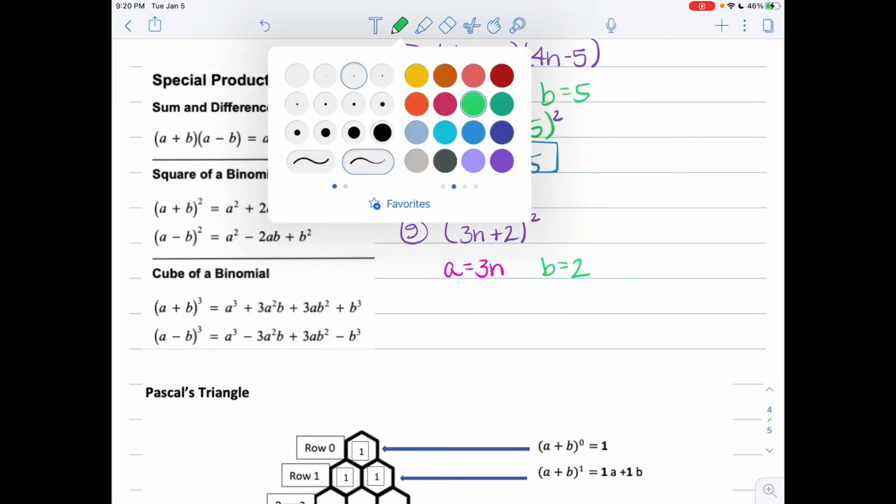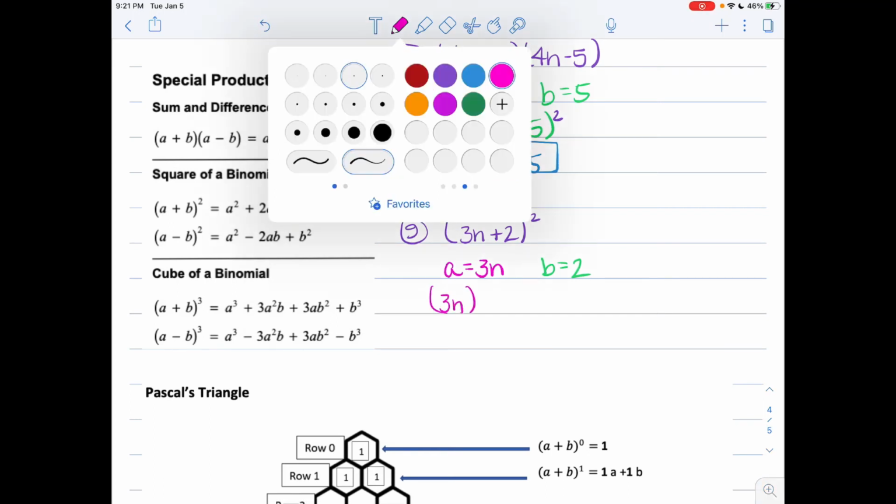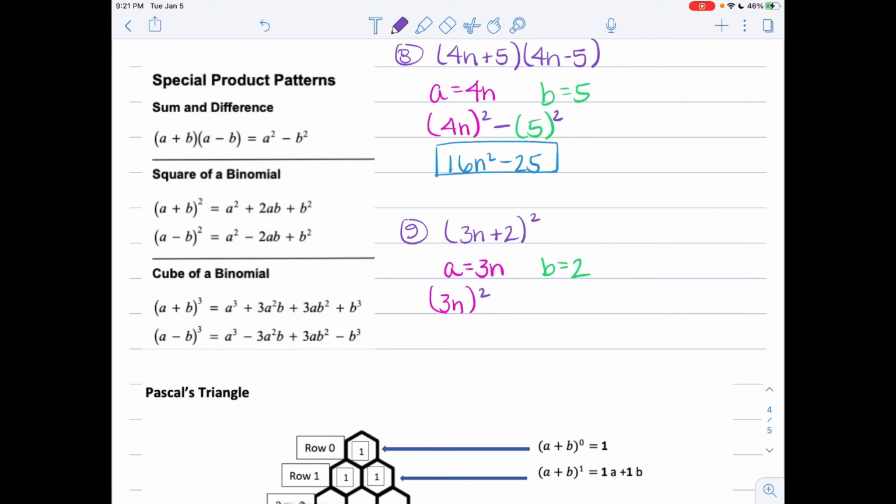So to follow our pattern, we know that we start out with squaring our A term. So I'm going to have 3n, and that's going to be squared. And then since I have a plus here, I have a plus here. So that's part of the equation.